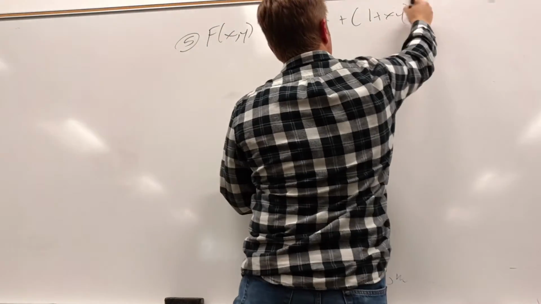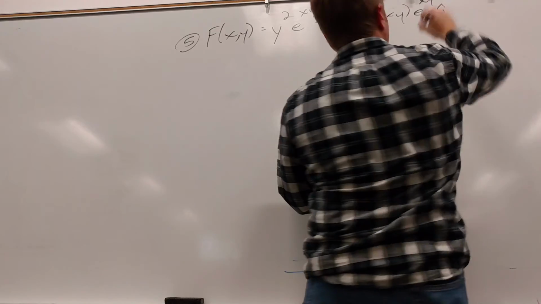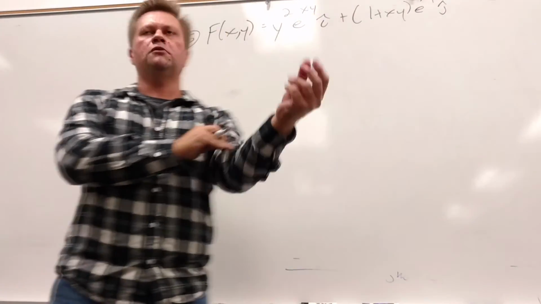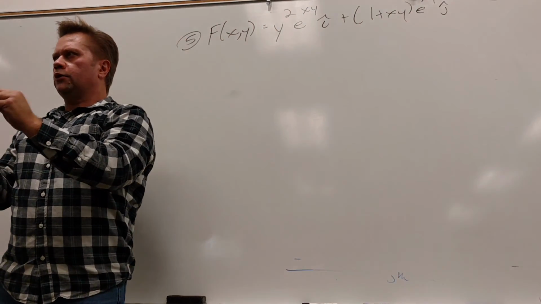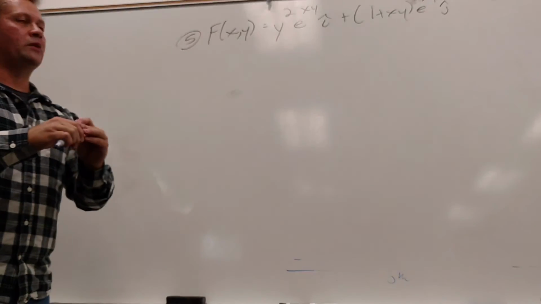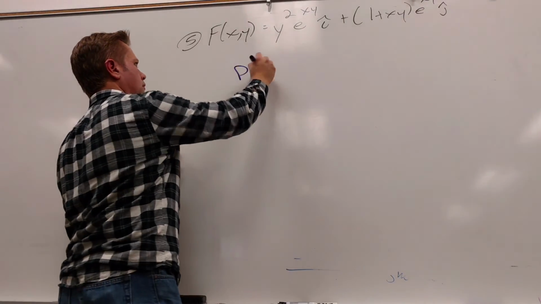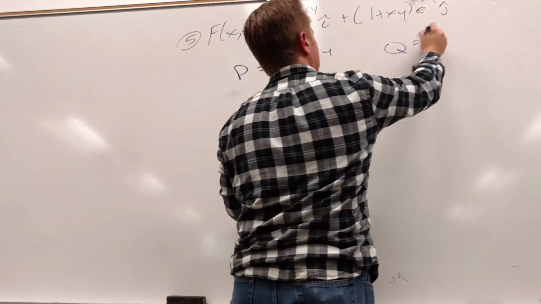To make this a little bit easier to track, identify immediately what P and Q are. It would be remarkably evil if they switched these around, but you never know. I wouldn't do that to you on purpose, but I have to cover myself there for a second. So, of course, what's P going to be? What's the function P? Y squared e to the x. Yeah. So Q is this other guy.